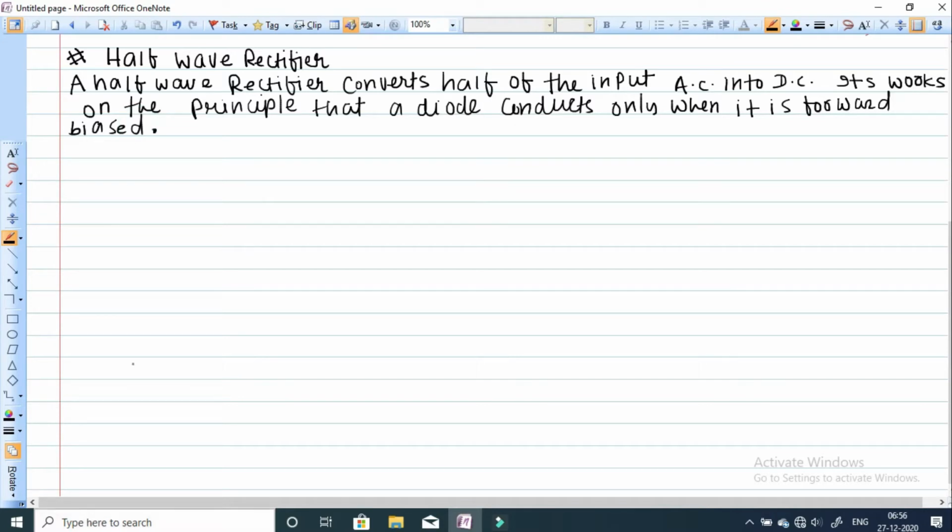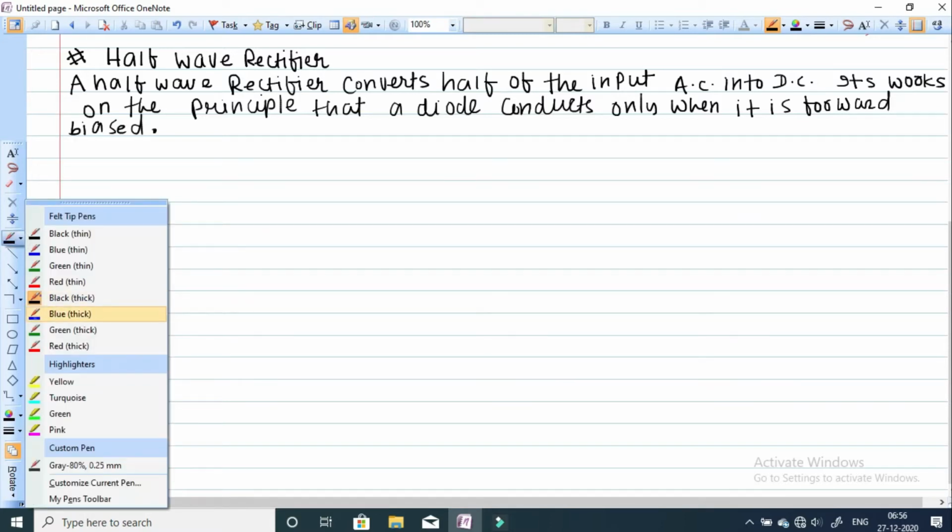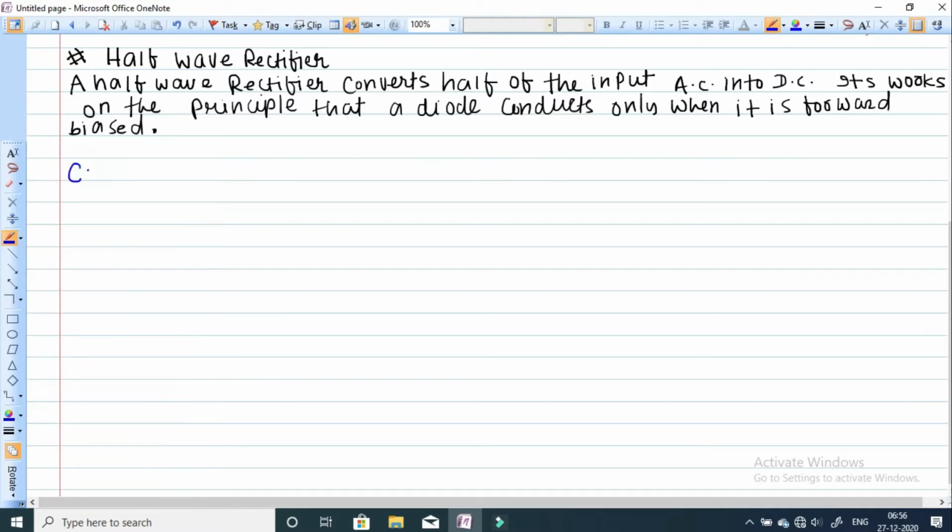Next we will see the circuit diagram of the half wave rectifier. So let's start with the circuit diagram. First we have a transformer.